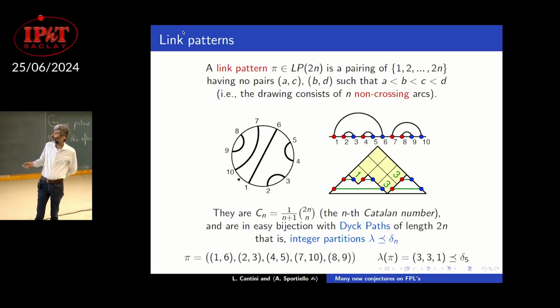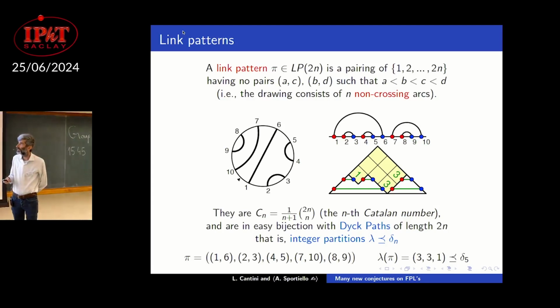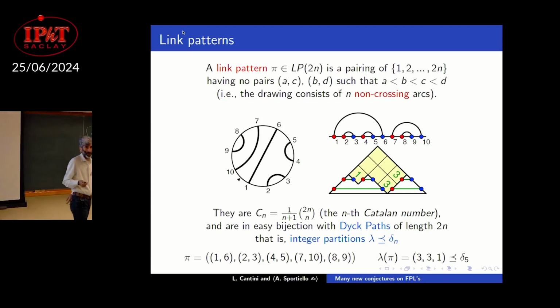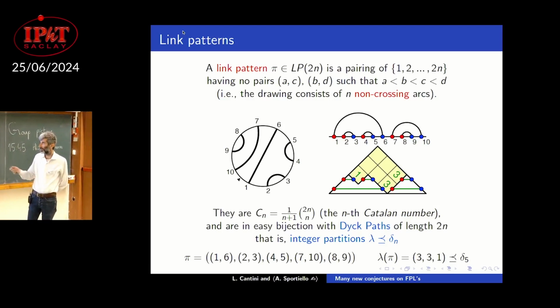And if you take the complementary of those segments, you get an integer partition, which is boxed into delta n. So just remember these link patterns are like integer partitions boxed in delta n by a simple bijection.